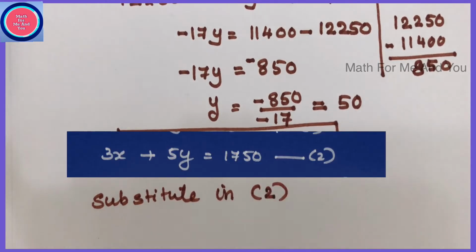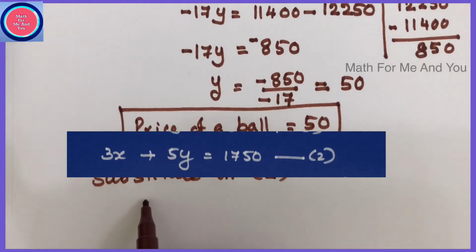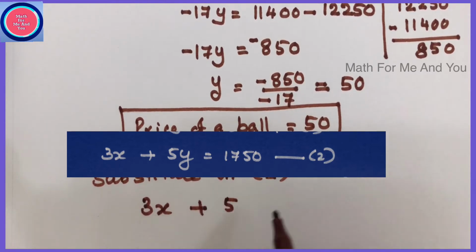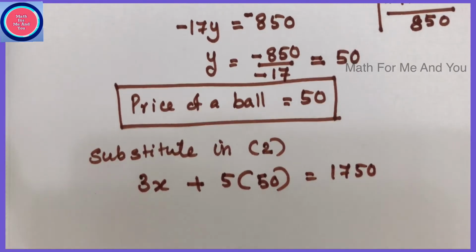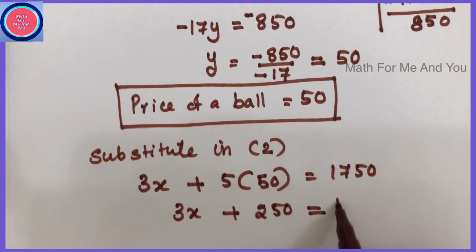Equation number 2 is 3x plus 5y is equal to 1,750. 3x we write the same. 5y, that means 5 times 50, is 250. Then we get 3x plus 250 is equal to 1,750.